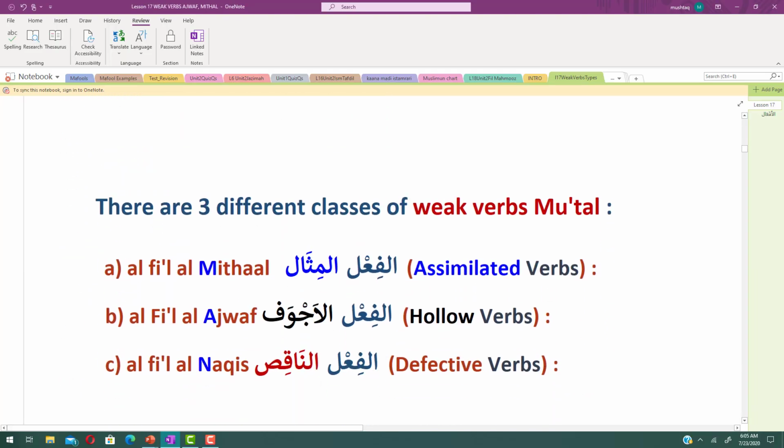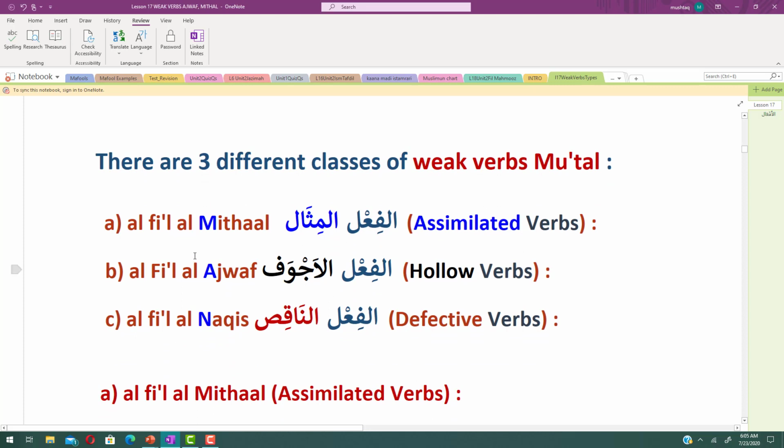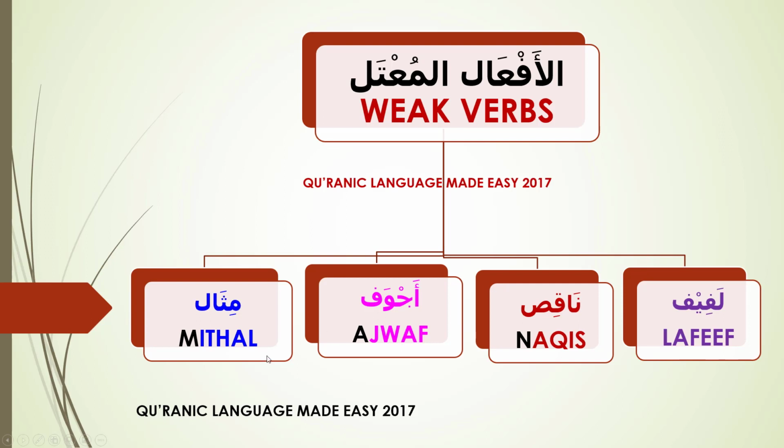So the 3 different classes of weak verbs are Al-Fi'l Al-Mithal, which means the assimilated verbs, Al-Fi'l Al-Ajwaf, hollow verbs, Al-Fi'l Al-Naqis, the defective verbs. And there's a reason for placing Mithal first, Ajwaf second and Naqis third, because Mithal is an irregularity, the weak verb where the weak letter occurs in the first letter, the fa radical.